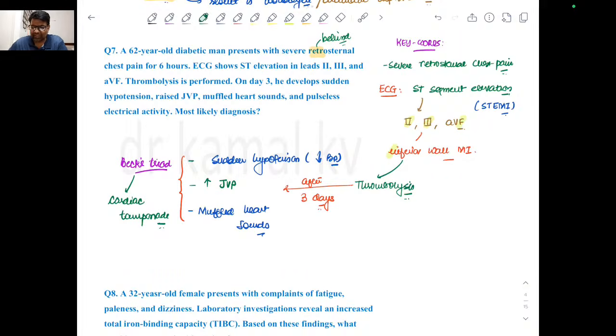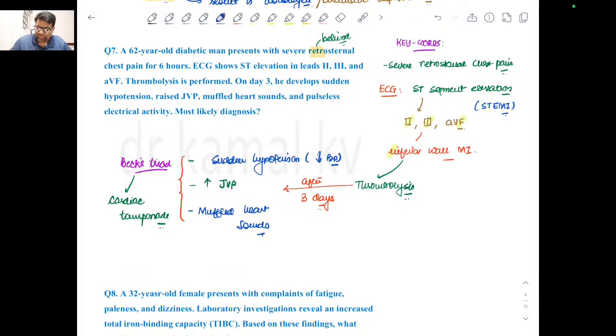Now the question is, in a case of myocardial infarction, why will the patient develop cardiac tamponade? Because cardiac tamponade is a collection, in this case, of some fluid or blood within the pericardial sac. So now the question is how that collection has occurred.